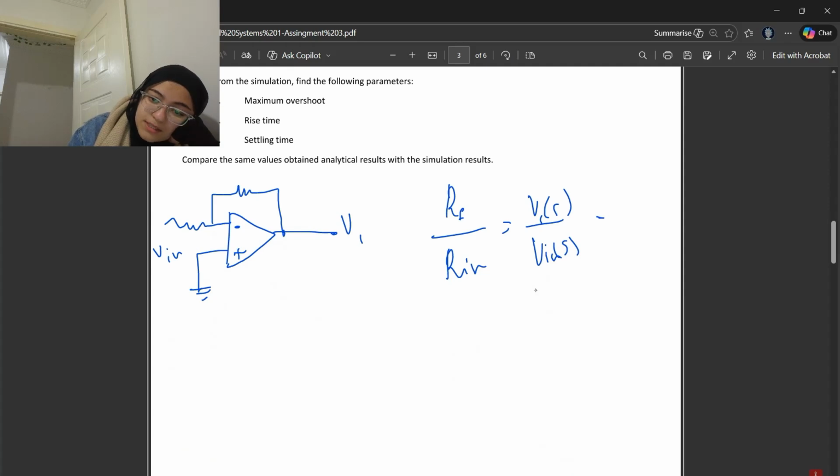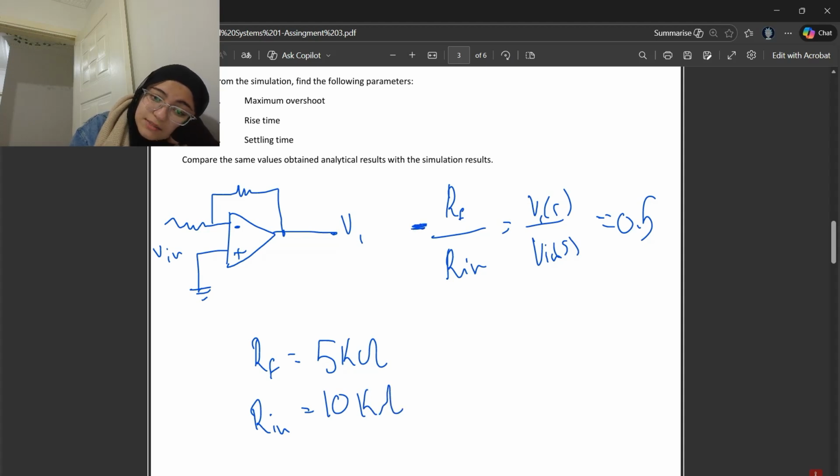So from this we can find RF and Rn. RF equals 5 kilo ohms and Rn equals 10 kilo ohms. Yes, there is a minus here. This is for the first op-amp, with RF and Rn.